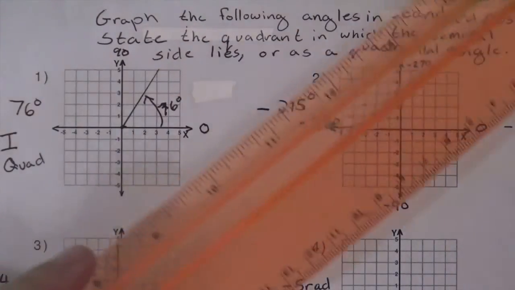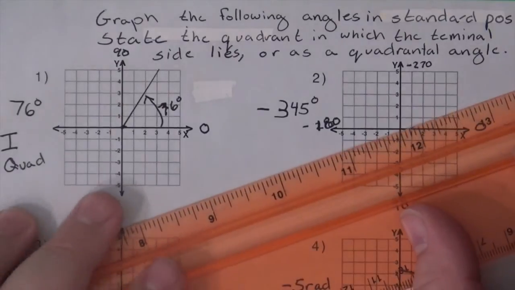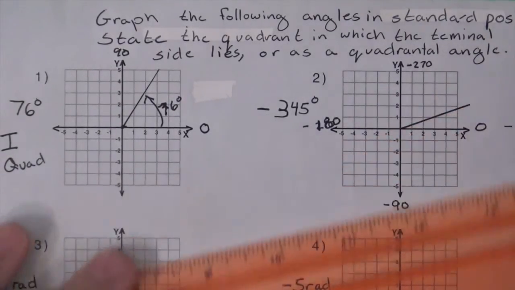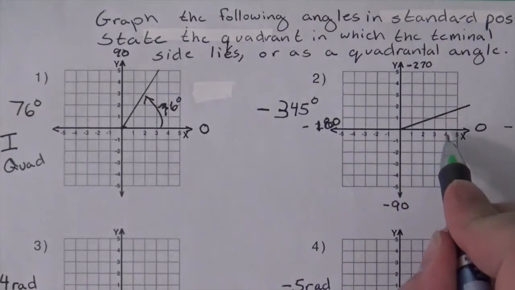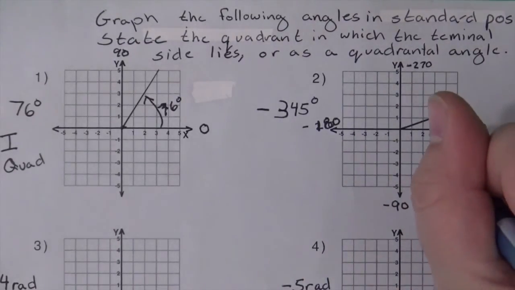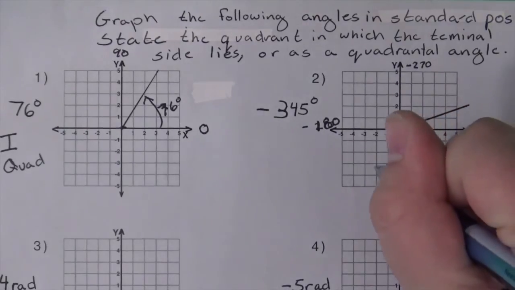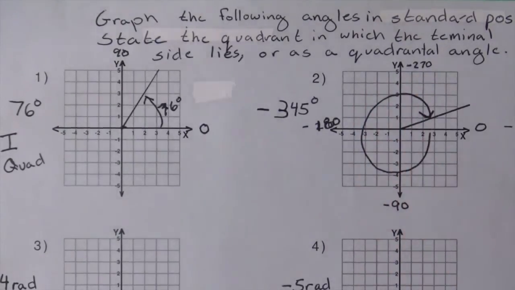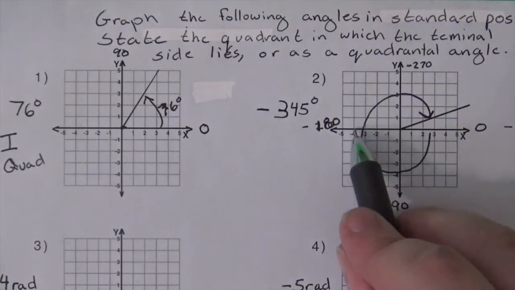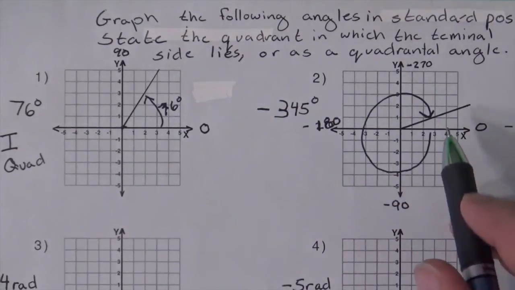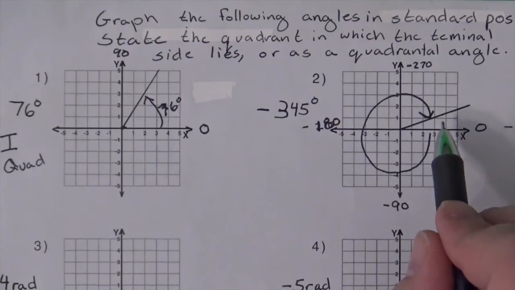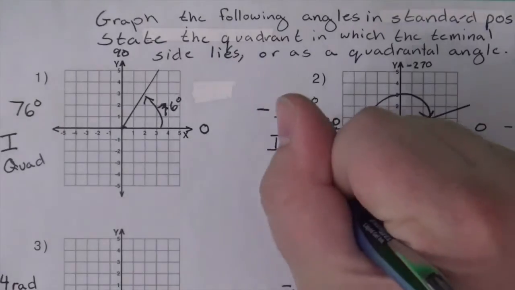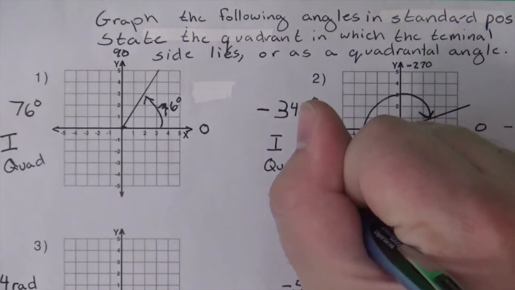And so I'm going to take another little guess, and I'm going to assume that it approximately looks like this. I actually started with my initial side here, and I went around this direction, and I stopped right there. And this is negative 345 degrees. Well, isn't it interesting that this, just like my first problem, also is in my first quadrant.